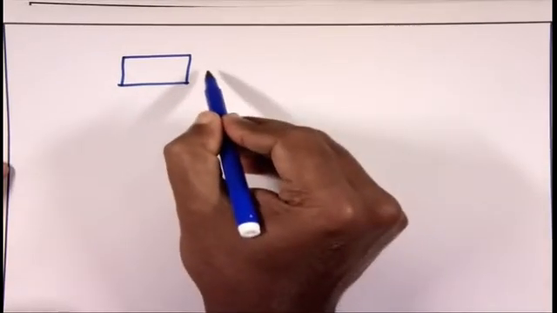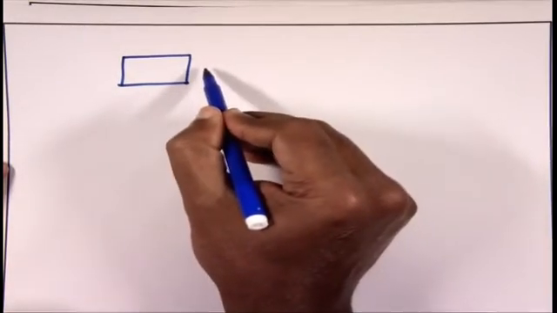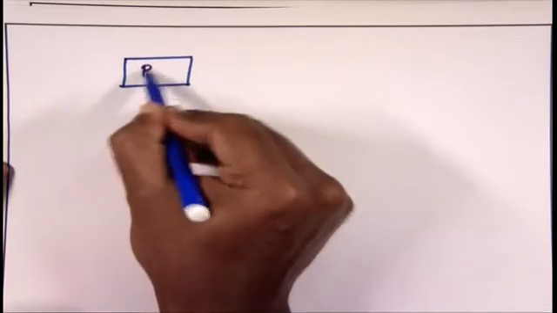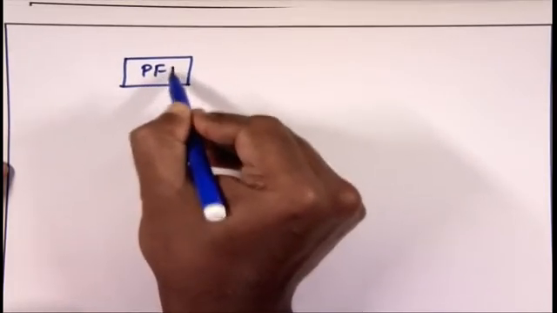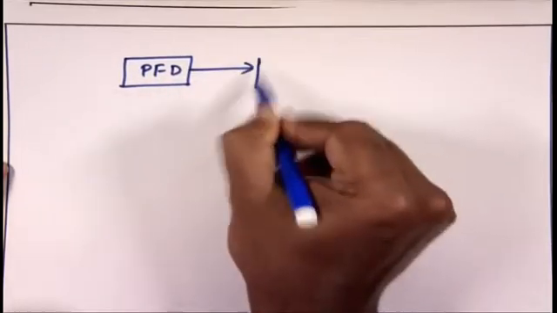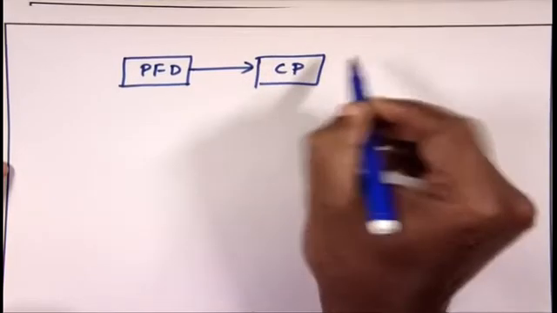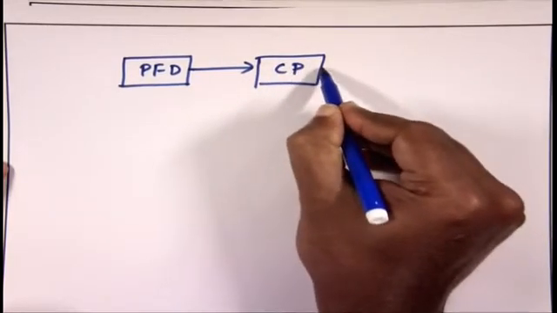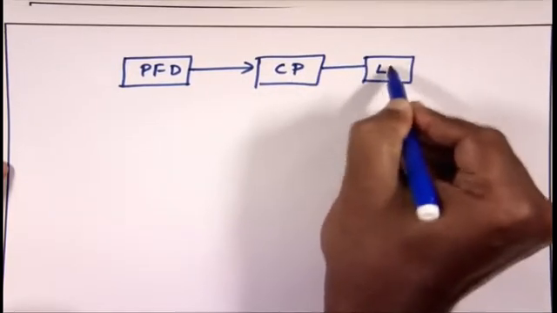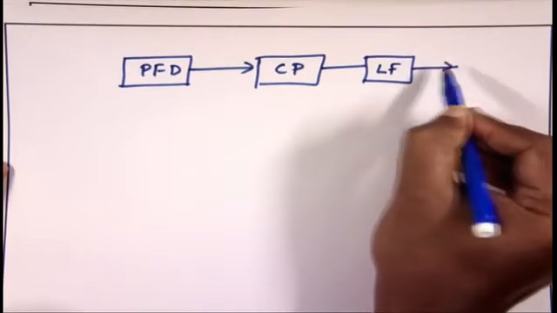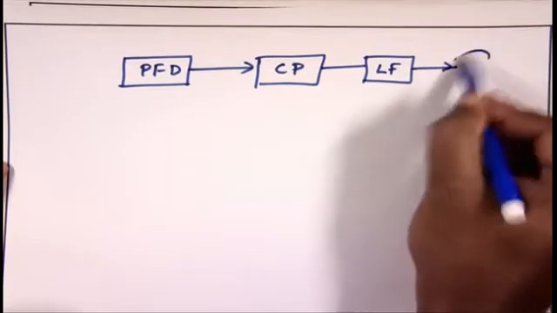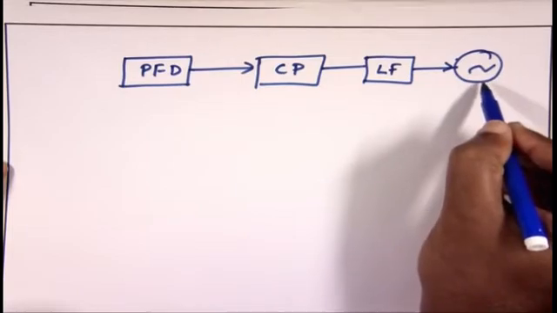As you already came to know, in a standard PLL architecture there will be a phase frequency detector, then it will go to the charge pump, which will push the charge to the loop filter, and the loop filter output, which is a control voltage, will go to the voltage controlled oscillator.